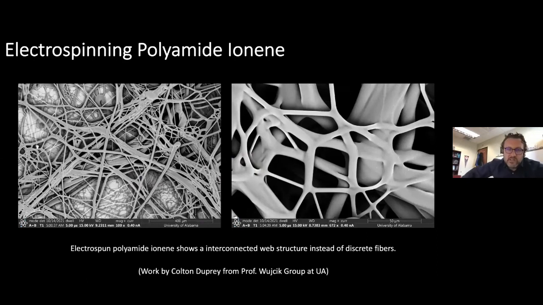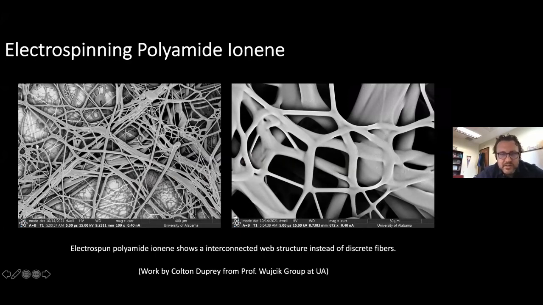Even very recently, just last week, one of my collaborators, a PhD student, was able to electrospin that same material. And it's quite interesting to me, at least, because what we saw was we don't really get individual fibers. We get just one kind of continuous network of fibers, and some of them are bigger, and then we get these small links between them.